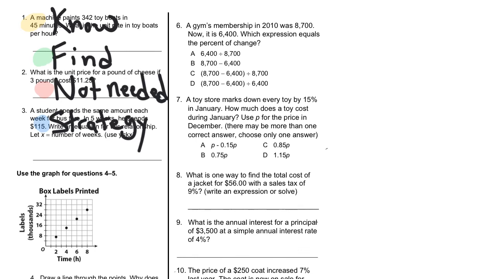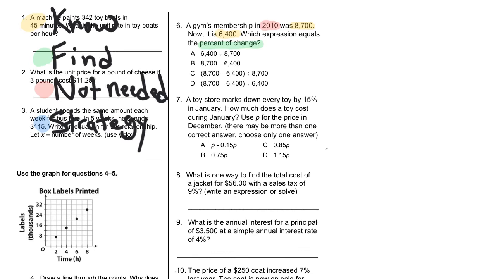So let's go back. Let's look at what they're asking us to find. So we're going to do that in green. And they're asking us to find this little percent of change. Okay, what is it that I know? Well, I know it went from 8,700 down to 6,400. What is not needed? Well, I don't really need this number. This is just about what year it is. It's not 2010 of something.